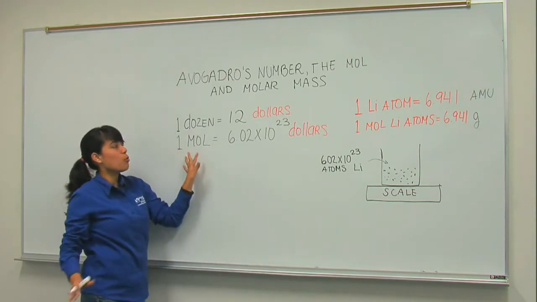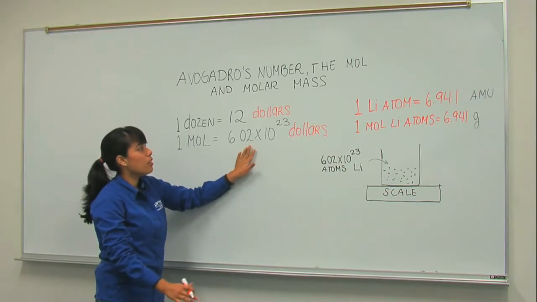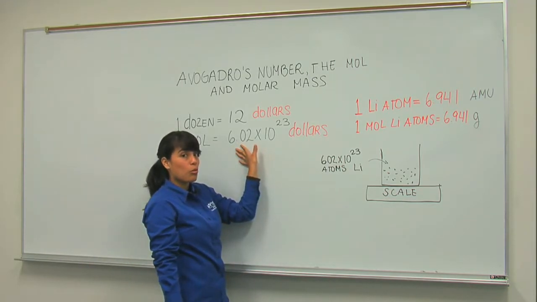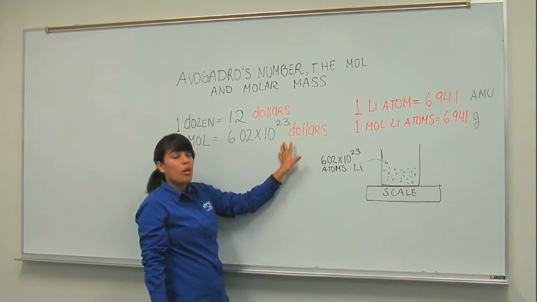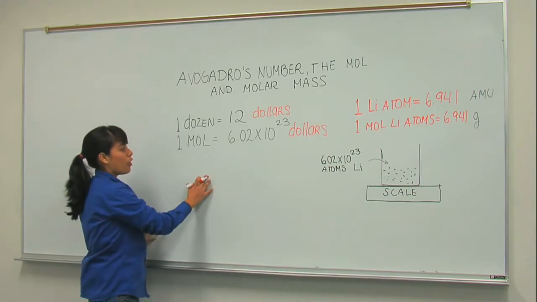If you tell me that you want a mole of lithium atoms, you would be telling me that you want to get 6.02 times 10 to the 23 lithium atoms. So this brings a very important point.